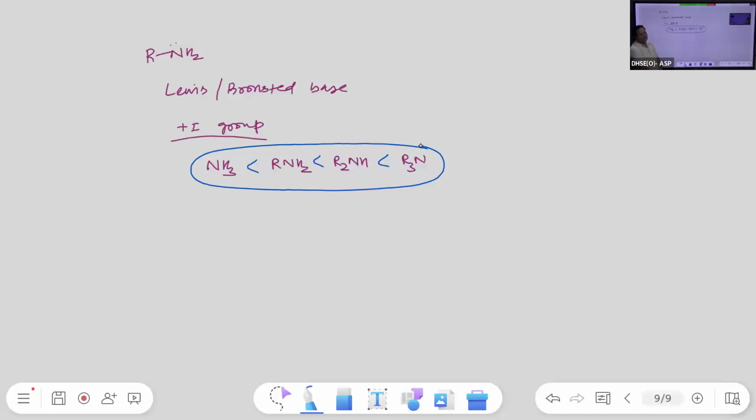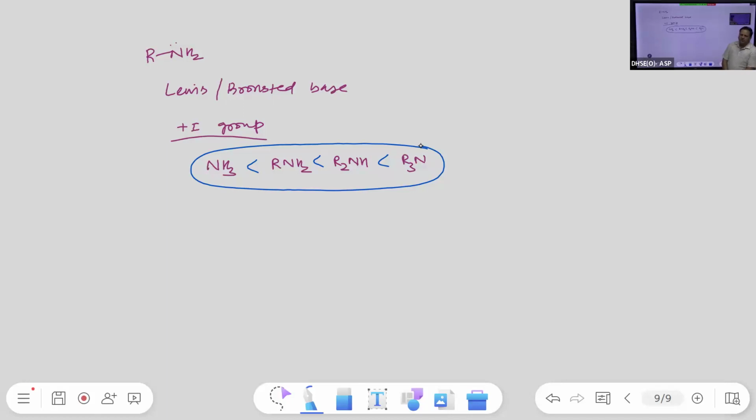Note it down. I hope all of you got this. So with this, the applications of inductive effect are over.